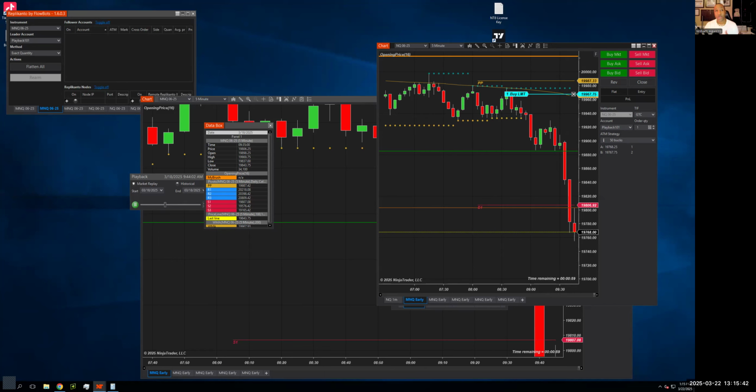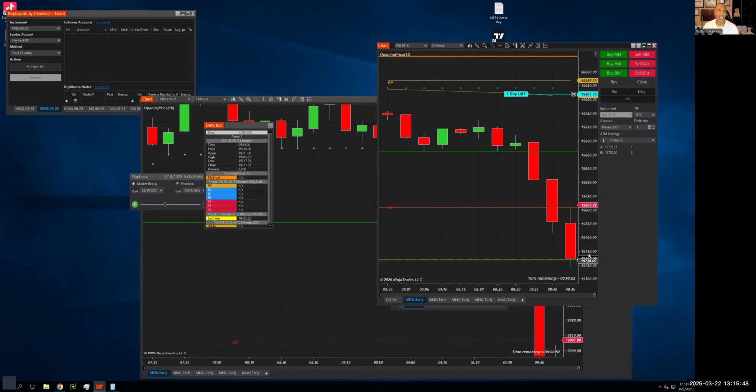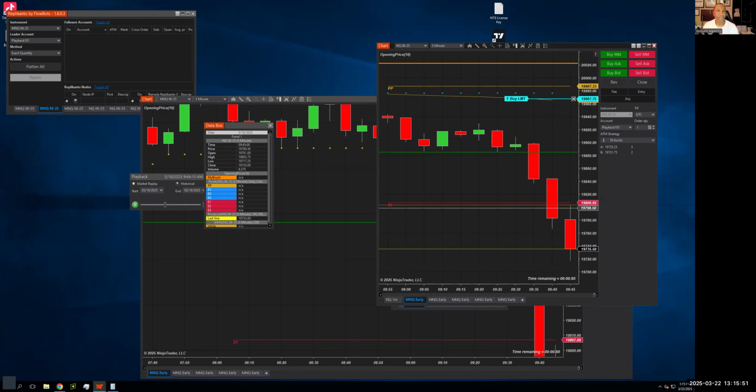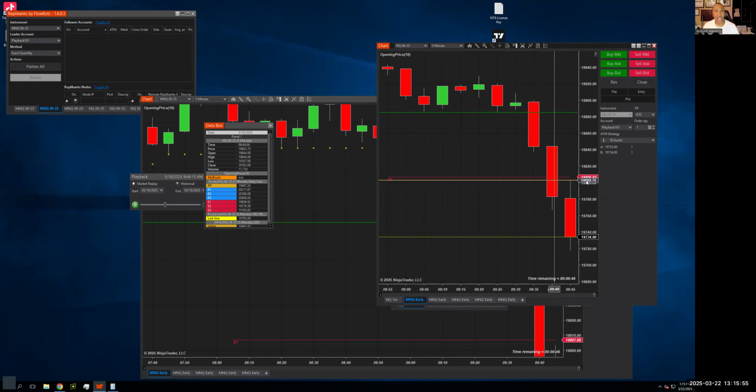The way I feel about evals is a little bit different than other people, because I'll tear an eval up. Now here's a prime example of a closure. You see this brown line was a 4-hour level. Once the market went down and closed, it closed here and opened up here. Look how it tapped it.